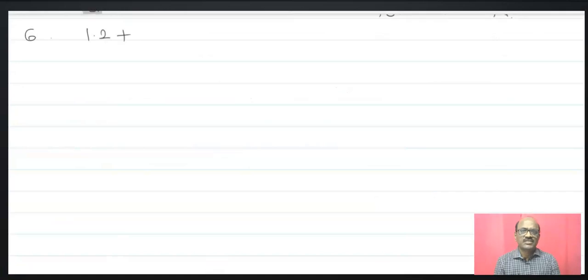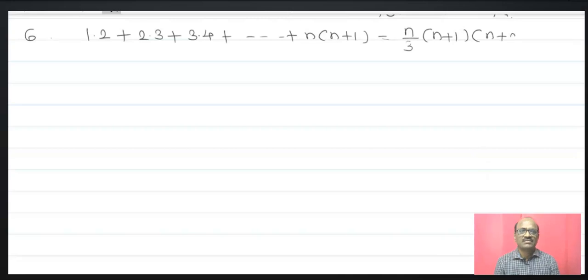Question number 6, that is 1.2 plus 2.3 plus 3.4 plus dash dash plus n in bracket n plus 1 is equal to n upon 3 in bracket n plus 1 n plus 2.